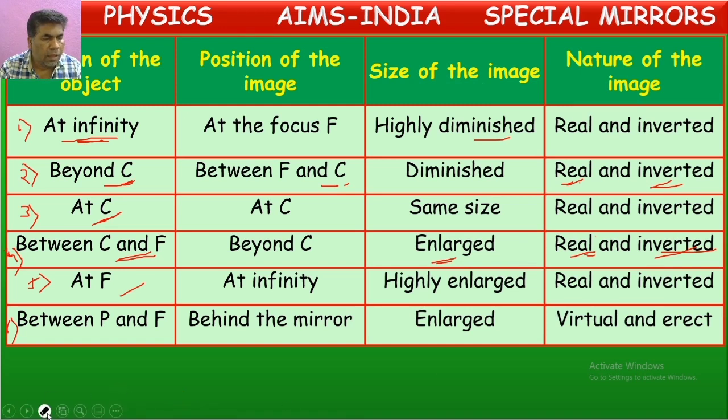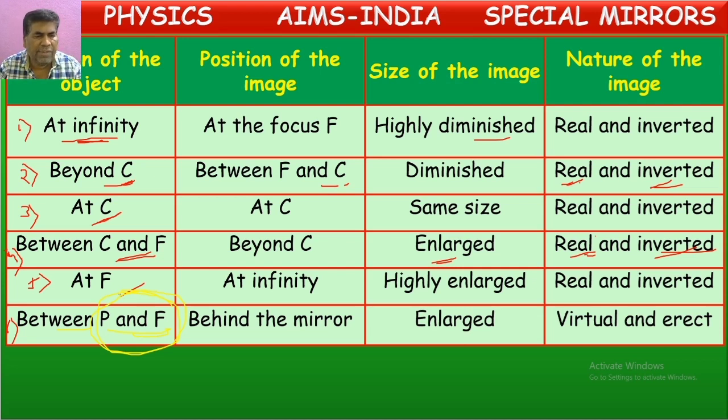Last case, when the object is placed between pole and focus, or focus and pole, means very close to the mirror, like a shaving mirror. Why like a shaving mirror? Because a normal plain mirror is different, shaving mirror is different.